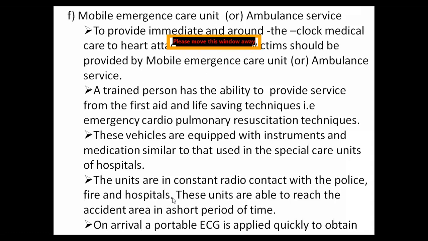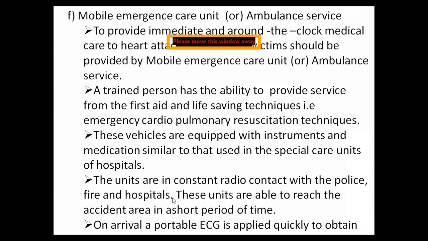So first of all, when the patient is taken into the ambulance, the attender will first check the ECG, that is the pulse rate of the patient, and obtain the ECG waveform.